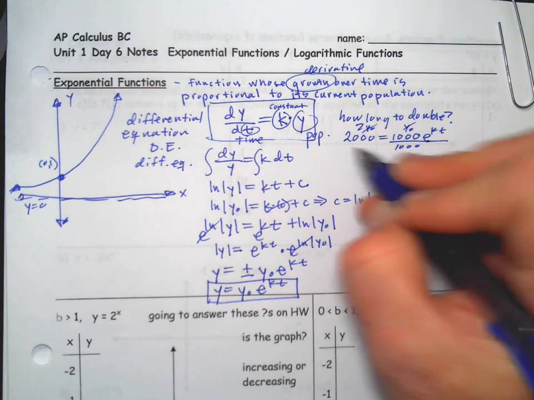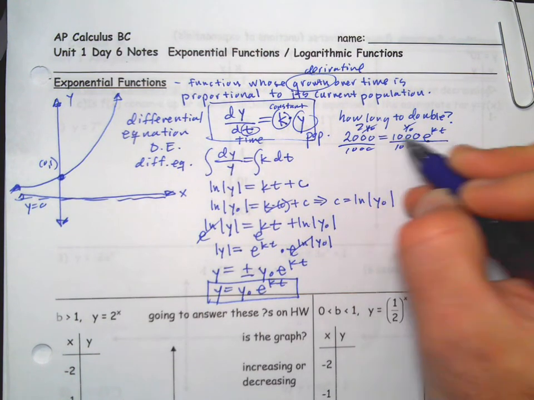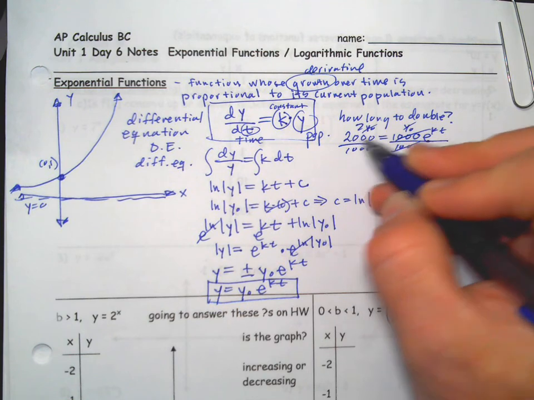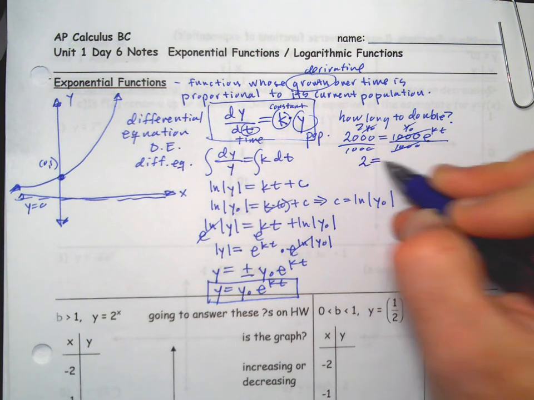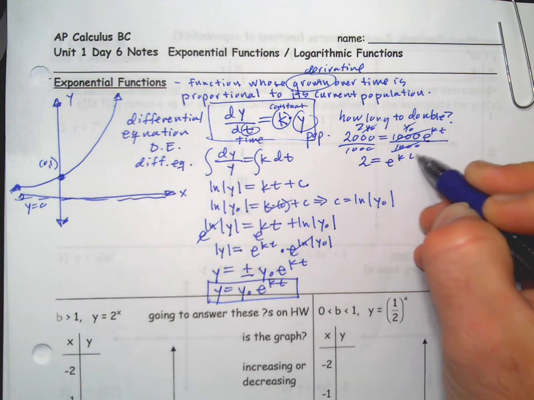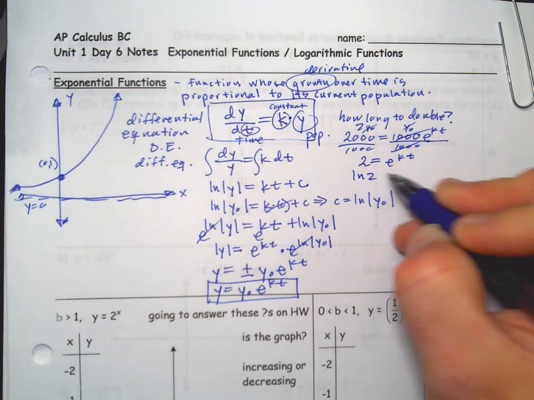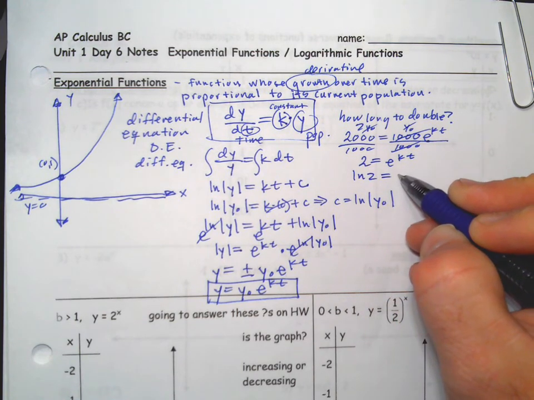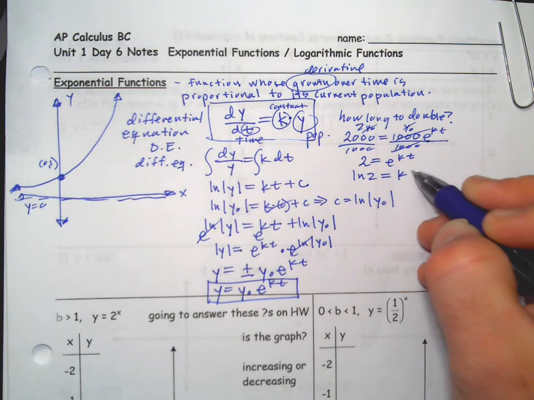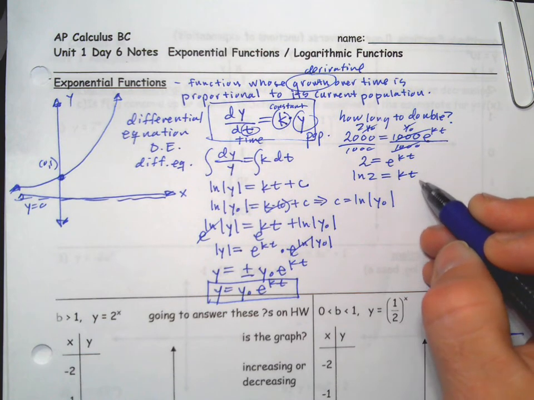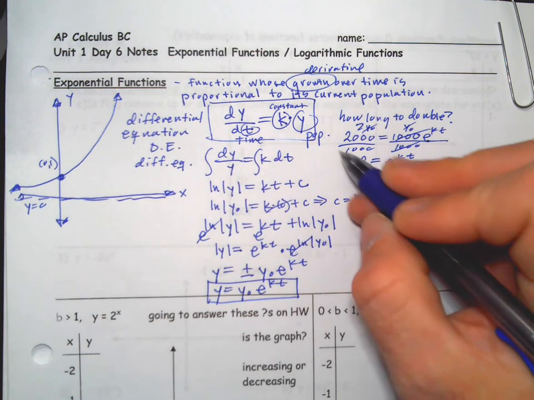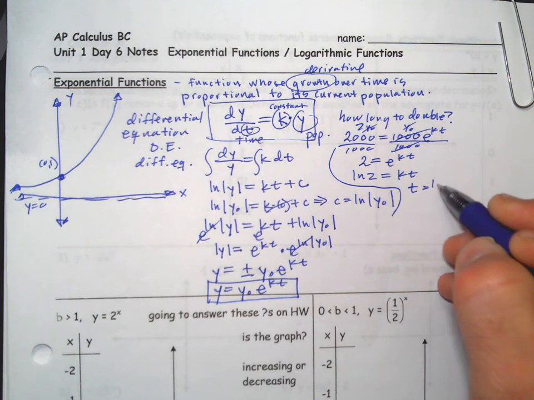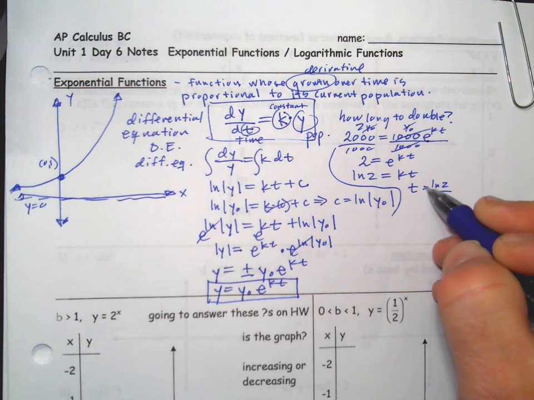Here, if you divide by 1,000, guess what you get? 2. Whatever it is, you're always going to get 2 if you're doubling it. So then you could take natural log of both sides, and that would just give you kt. And so then t equals natural log of 2 over k.